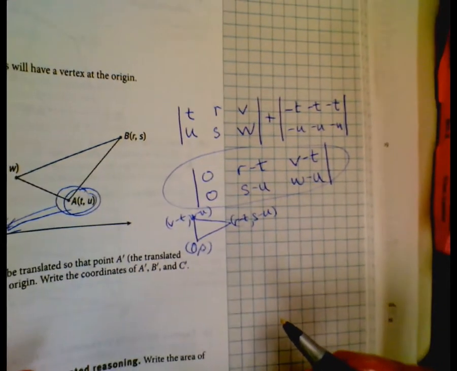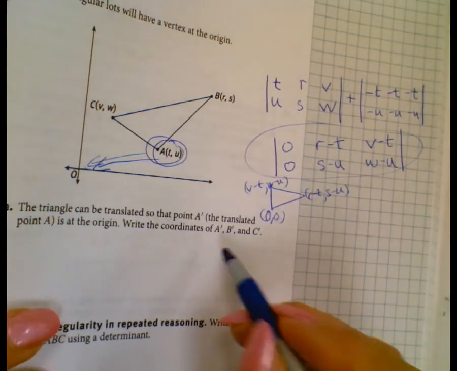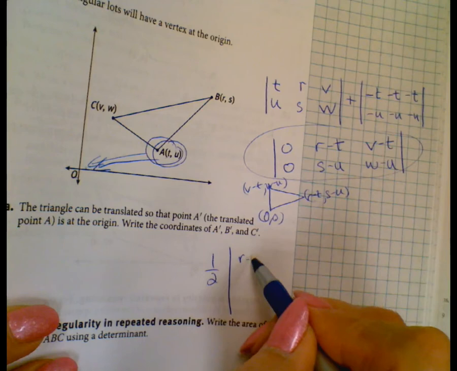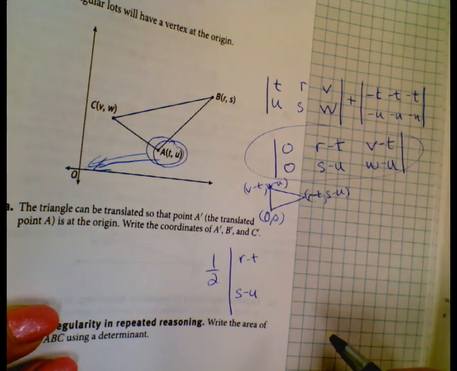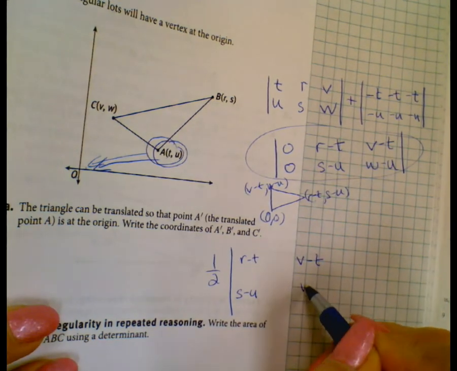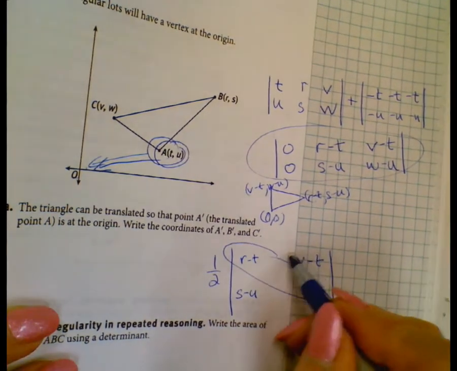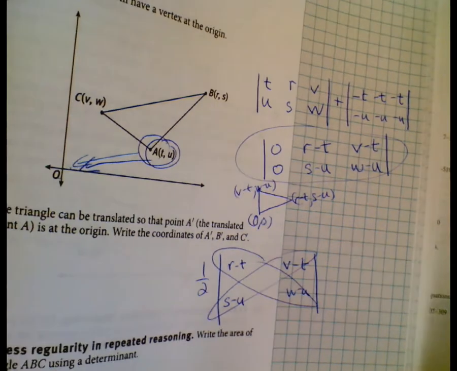To find the area of A prime, B prime, C prime, you would find 1/2 of R minus T and S minus U, that's the first ordered pair. The second ordered pair is V minus T and W minus U. Then you would cross multiply these and take half of it. That's pretty much what you have to do.